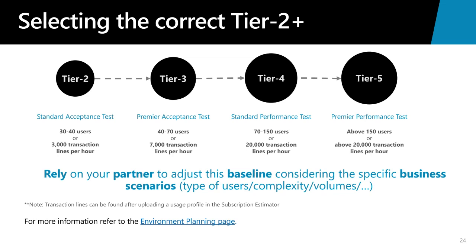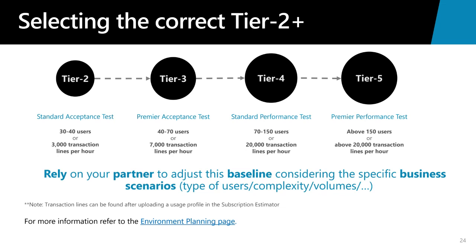Here is the baseline that can help you to justify the correct tier for any of the purposes, including data migration, training, UAT, etc. For the transaction volume, after you upload a subscription estimator and mark it as active in LCS, the total transaction volume will be calculated automatically, and you can view the result of the transaction lines per hour in LCS. And based on that transaction volume, choose the correct tier.